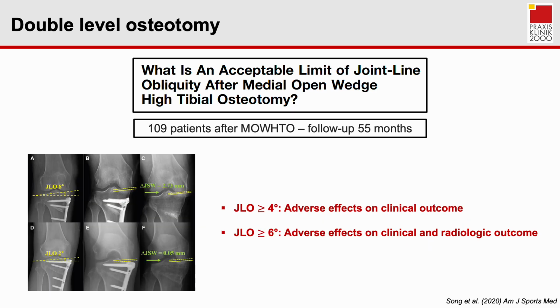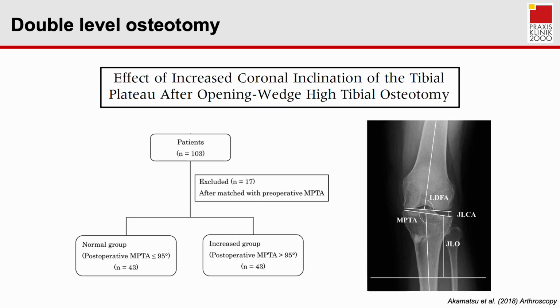In this outcome study, the joint line orientation angle was used, and the authors found that a joint line obliquity of 4 degrees or more showed adverse effects on clinical outcome, and a joint line obliquity of 6 degrees or more was associated with both clinical and radiological effects, which was progressive joint space narrowing in the medial compartment. This outcome study after HTO used both the MPTA and joint line orientation angle.